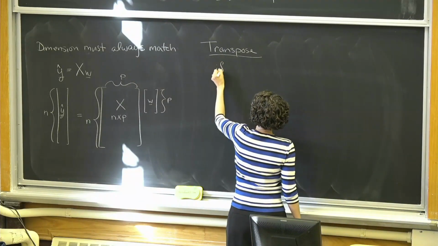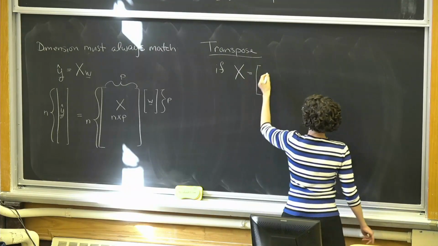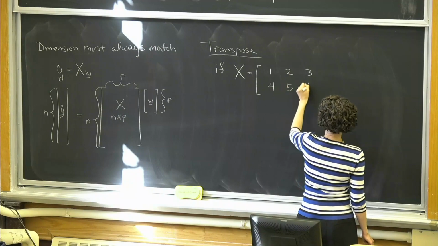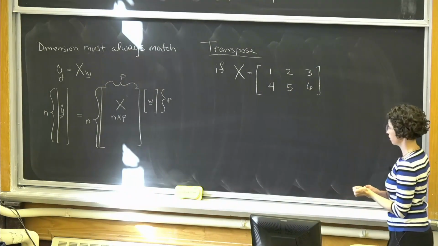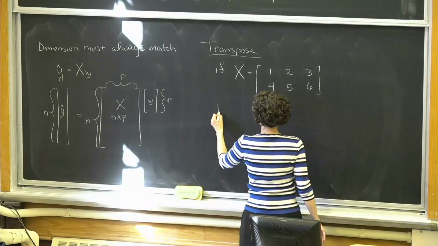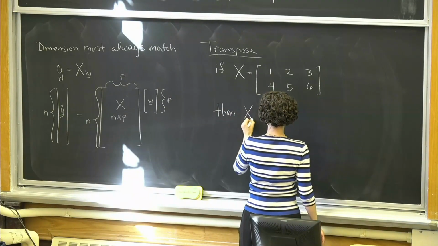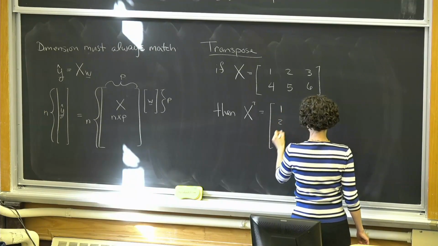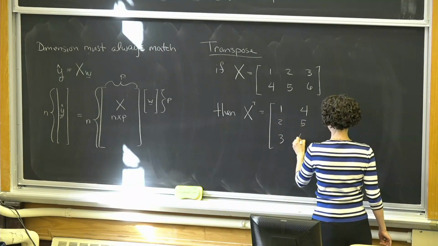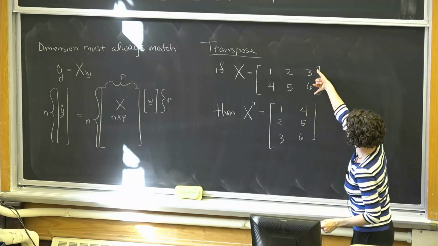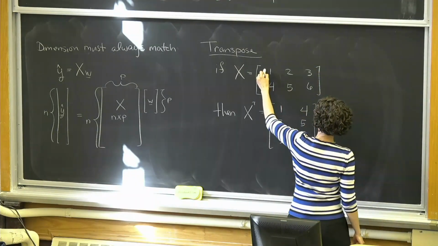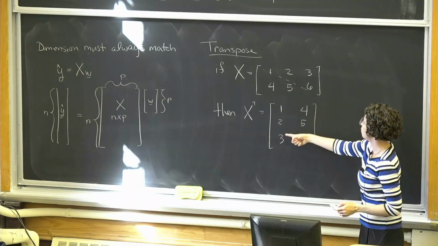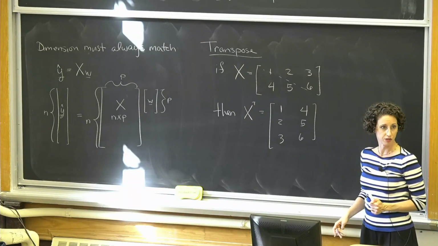So if this were our matrix X, 1, 2, 3, 4, 5, 6, then taking the transpose of it, X transpose, is 1, 2, 3, 4, 5, 6 pivoted. So we're just sort of pivoting it. You can imagine there being this diagonal that we're pivoting around so that each row becomes a column in the transpose matrix.